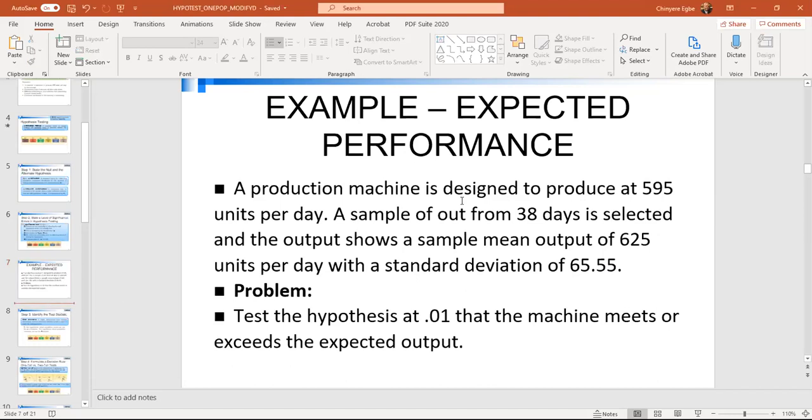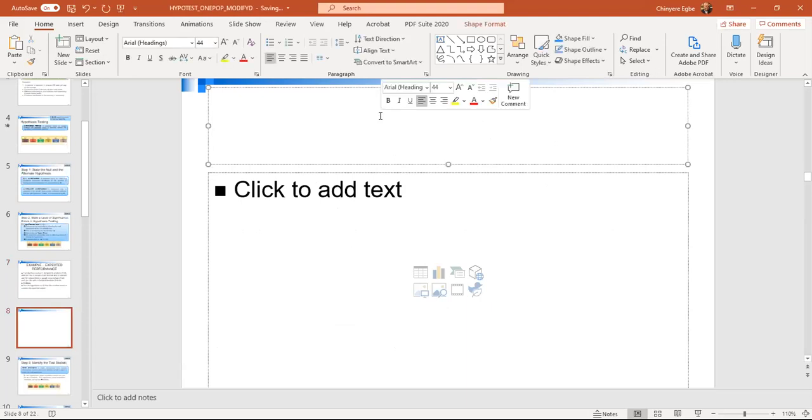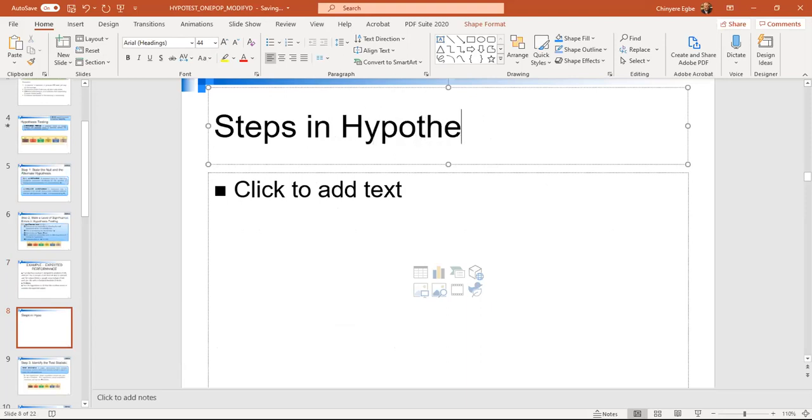We have already collected the sample, and we have calculated the sample mean. So I'm going to repeat the process of hypothesis testing. I'm going to call this the steps in hypothesis testing.